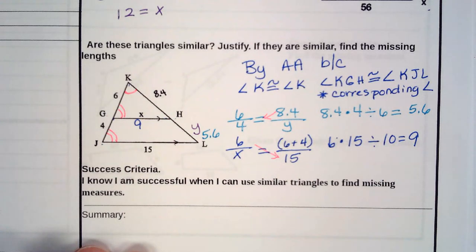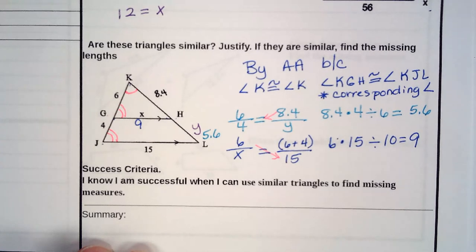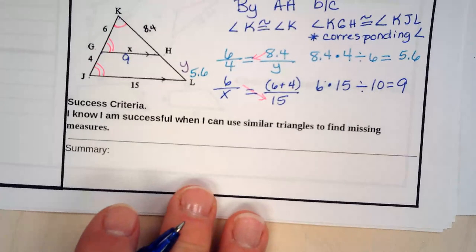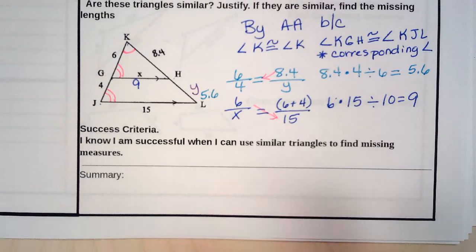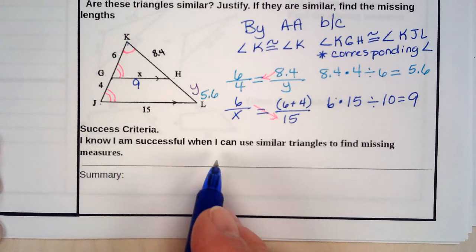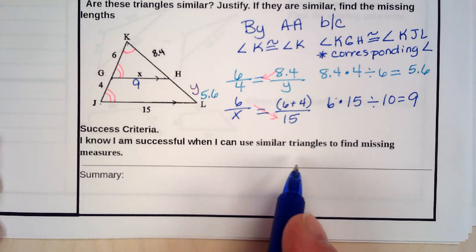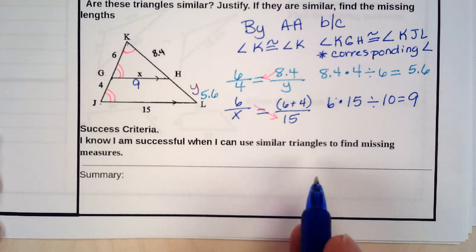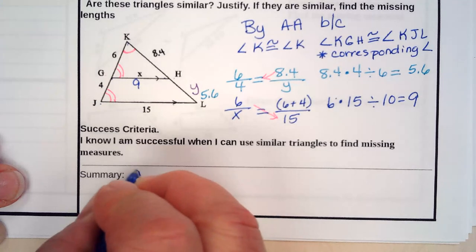So, your scale factor is that number you multiply by to get the dilated figure, to get that similar figure, the ratio of the lengths for the similar figures. So, how do you know you're successful? When you can use similar triangles or similar figures to find missing measures.